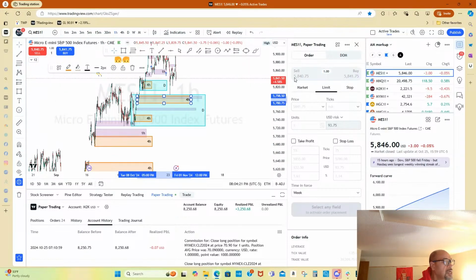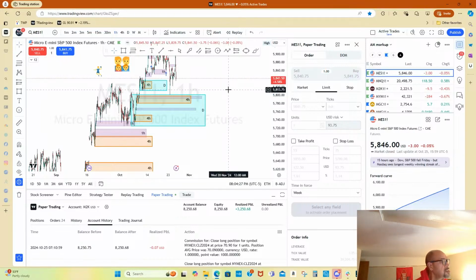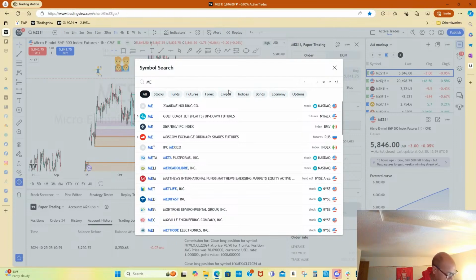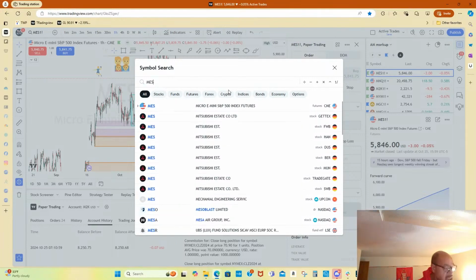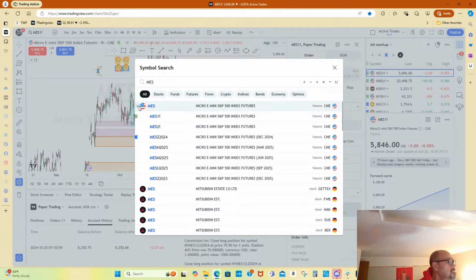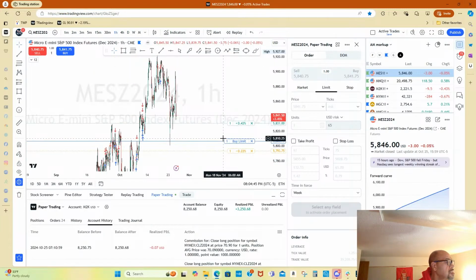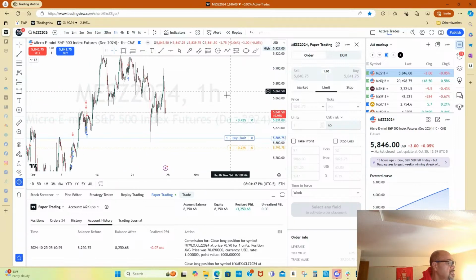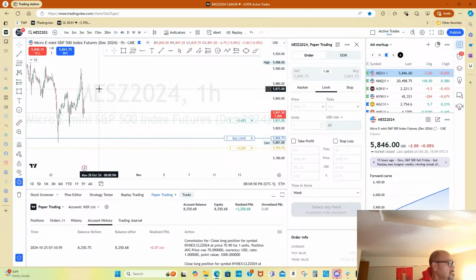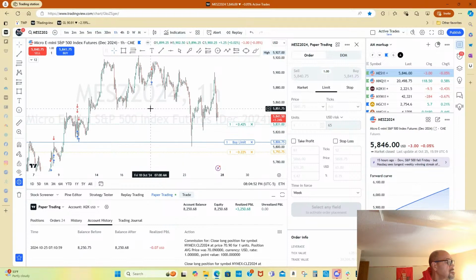And then I actually need to switch these to new clean contracts. So that is the MES. It's the December contract. It should be traded and should have those marks.